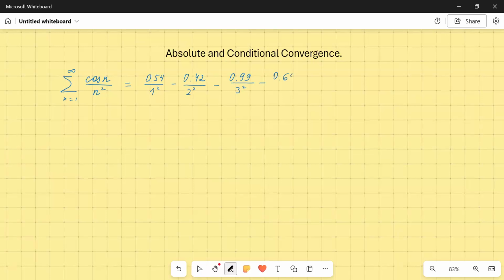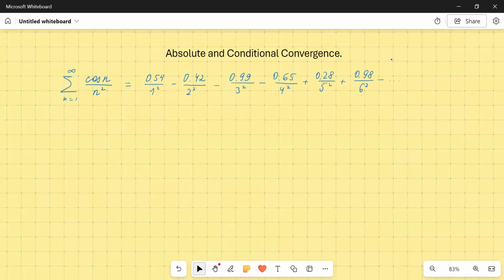So I calculated cosine of 1, cosine of 2, cosine of 3, cosine of 4, cosine of 5, and cosine of 6. And I think that was all I calculated. But I want to illustrate something.